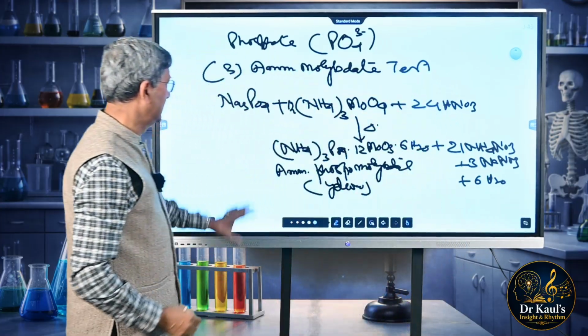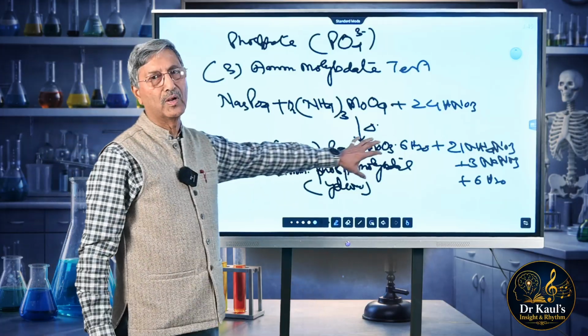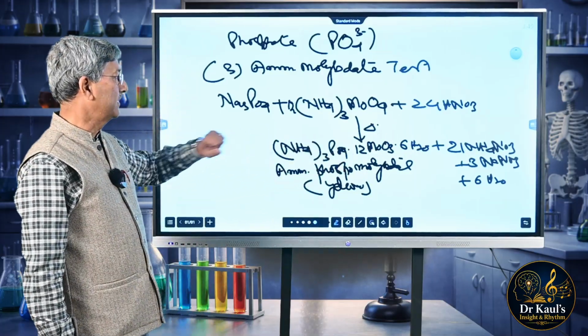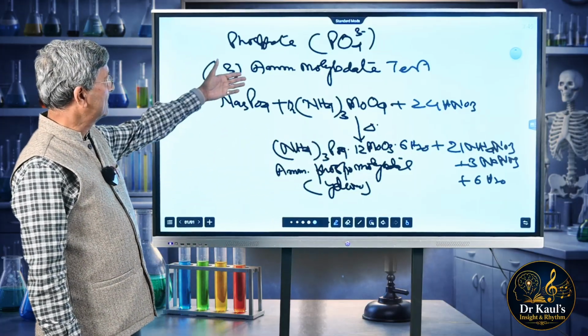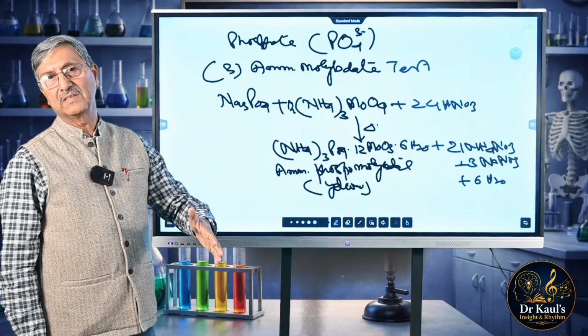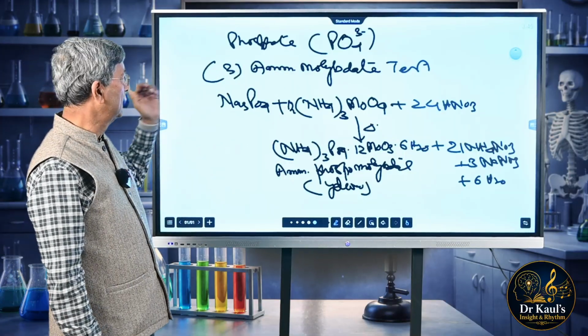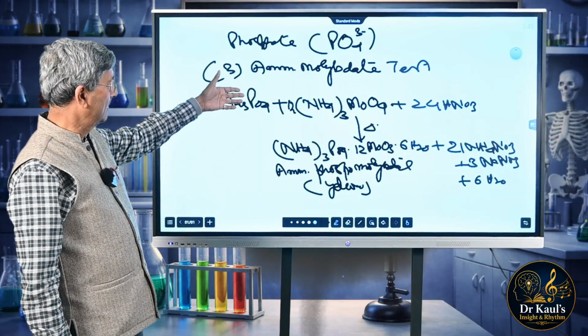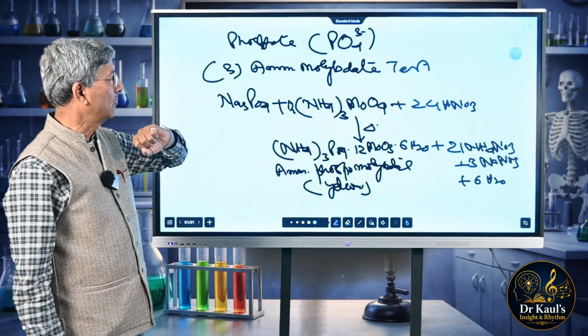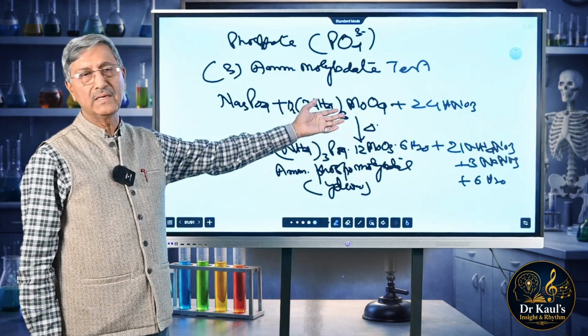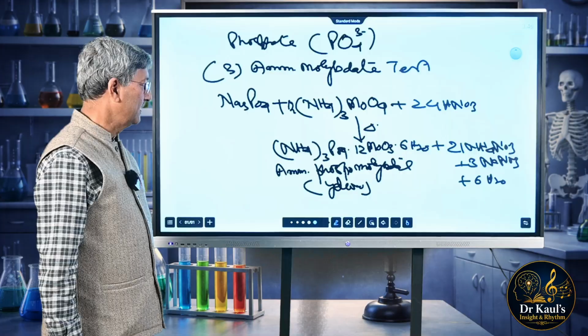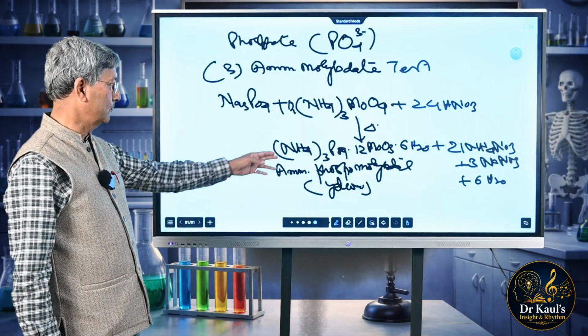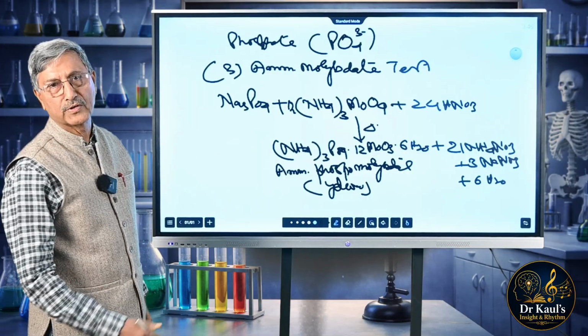So the main thing is that we get the formation of this ammonium phosphomolybdate compound, which has yellow color. So the test is that soda extract is boiled with concentrated HNO3 followed by the addition of 1 or 2 milliliters of ammonium molybdate. We reheat the solution again and we get the formation of yellow precipitate of ammonium phosphomolybdate, indicating the confirmation of phosphate.